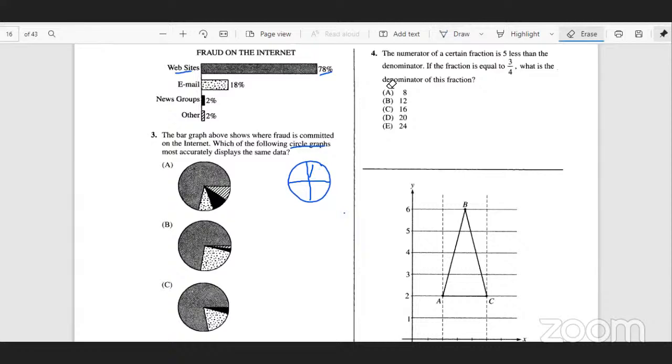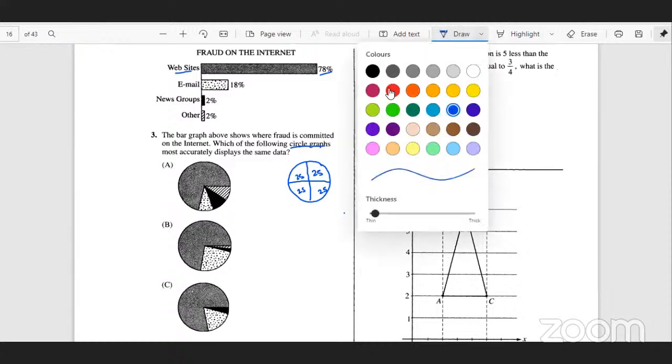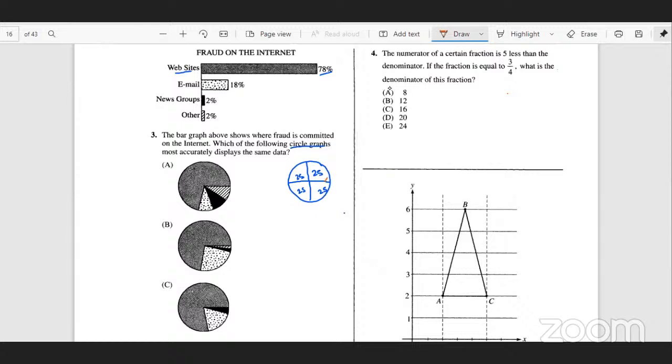So this part is 25, then this is 25, again this is 25, and this is 25 as well, right? So for website, we have 78%. If we have 78% for website, it means that all these three sides are 75, and we would need a tiny bit of 3% just to get 78%, right?